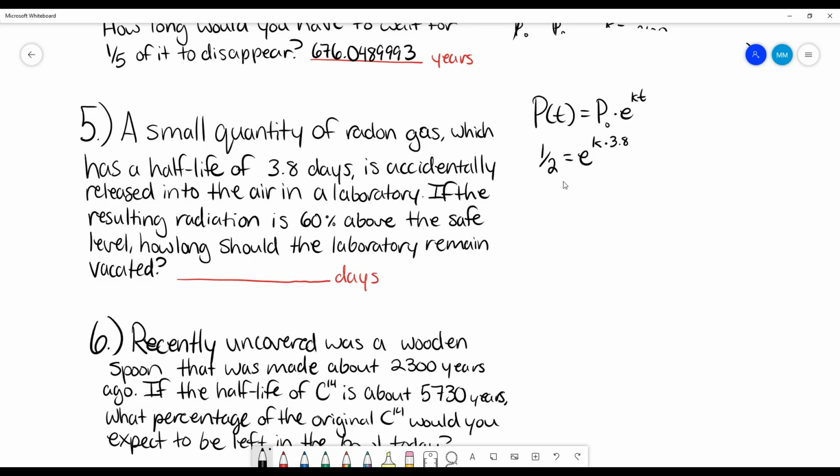Just based on that ratio again, because we don't know that original level. We just know the ratio is going to be 1/2. And then I solve for k like usual. Okay, so then k equals this here. And I plug that back in. And I know it is this.